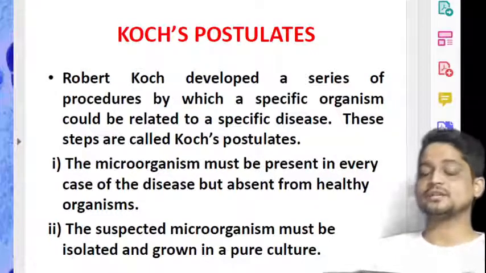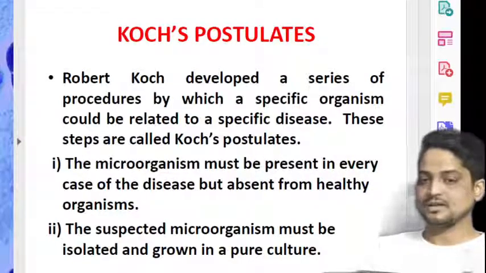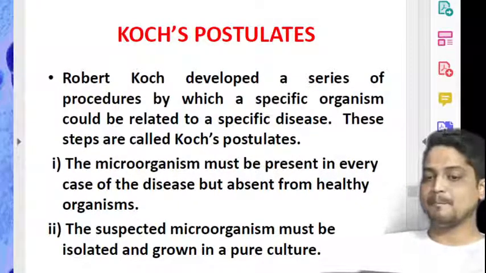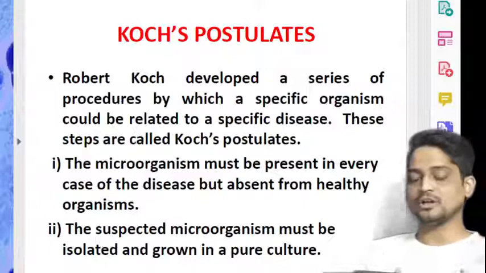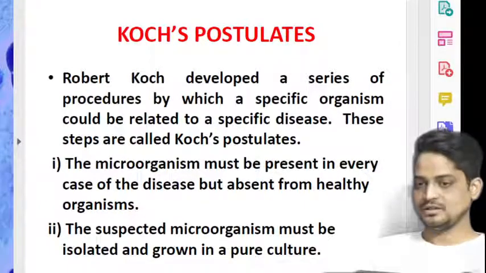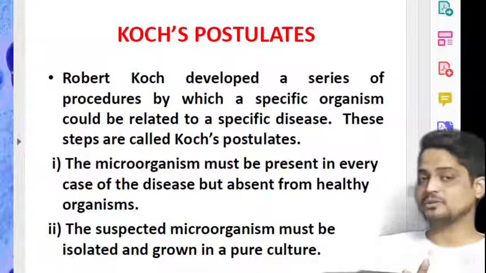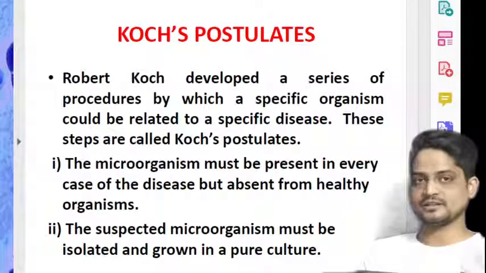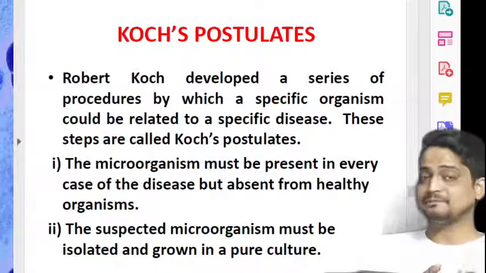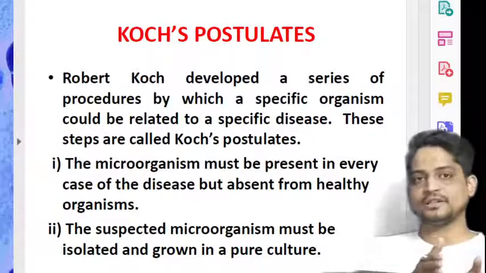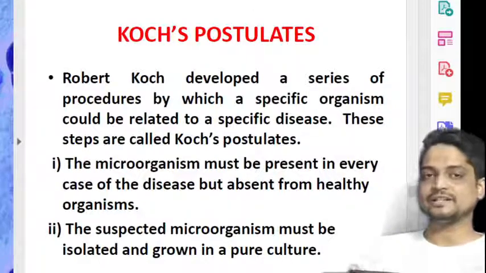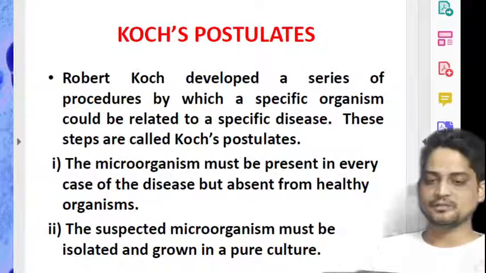These steps are called Koch's postulates. The first postulate: the microorganism must be present in every case of disease, but absent from healthy organisms. If it is present in every case, that microorganism can be the cause of that particular disease. Otherwise, it could be just a random bacteria or any other microbe.